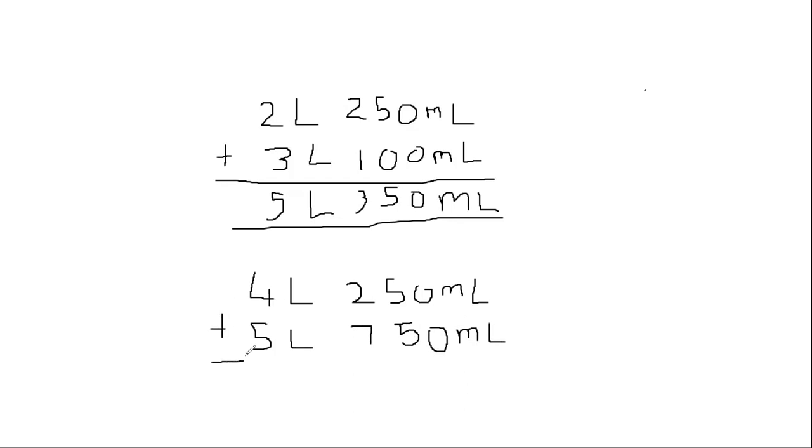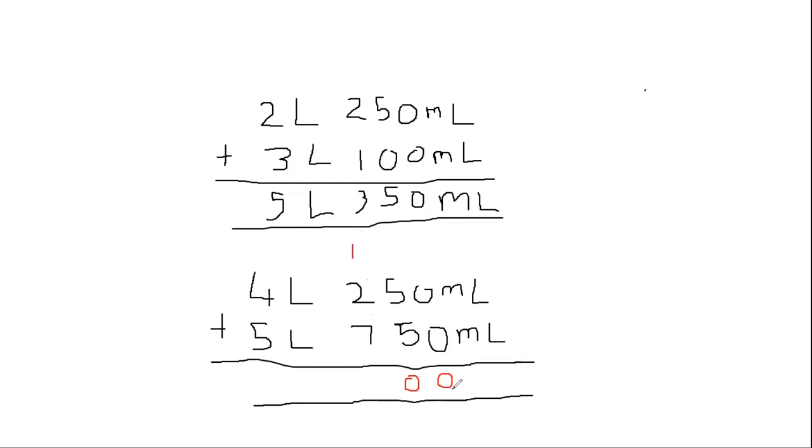And then you come to this part. Let me change my color. I want red. 0 plus 0 is 0. 5 plus 5 is 10, so I put a 0 here and add 1. 1 plus 2 is 3, plus 7 is 10. Making this now 1,000.